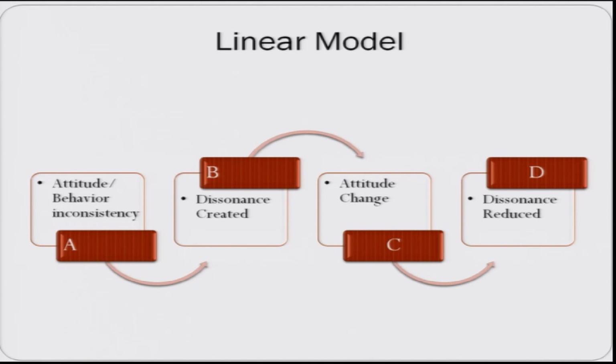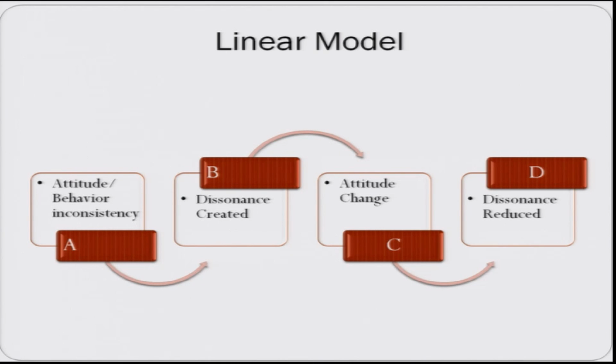To explain this cognitive dissonance model, a linear model, how it happens is you have an attitude behavior inconsistency because of the purchase, because two different or contradictory thoughts come into your mind, then dissonance is created in your mind.